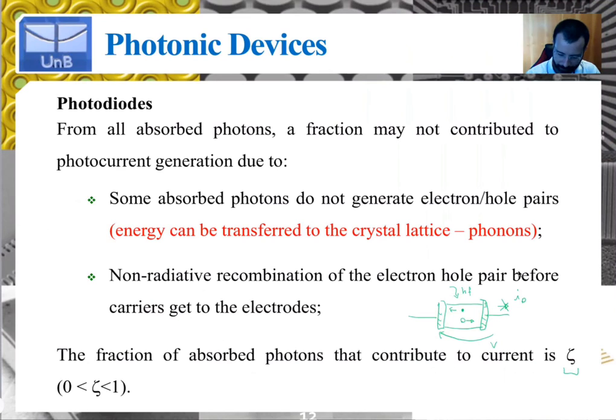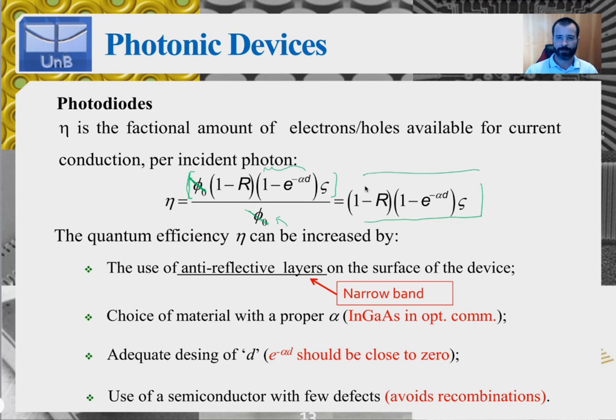So if, for example, for the operating wavelength, we deposited some anti-reflective coating films right at this surface, which would prevent light at that specific wavelength from being reflected, so guaranteeing that all of the light at this wavelength is actually transmitted into the device. Then we can increase the quantum efficiency, because we'd be virtually turning this term here into 1, right? Because the reflectivity would be 0.